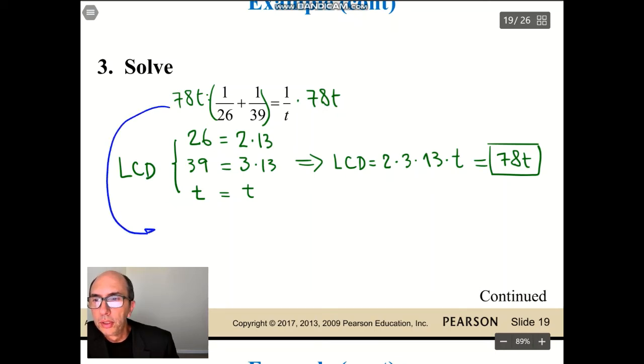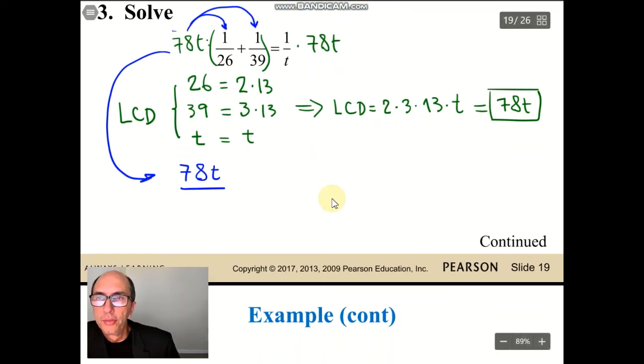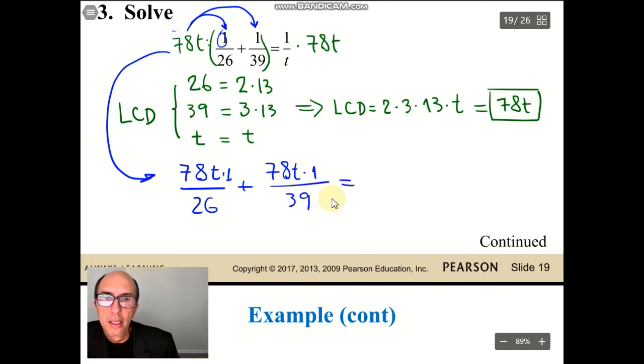Let's work the distributive property. 78t over 26 plus 78t times 1 over 39 equals, and now here 78t times 1 over t.